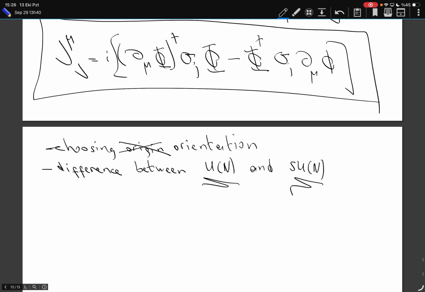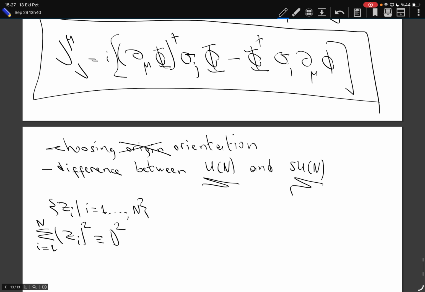What do we mean by UN or SUN? Let's forget about field theory for the time being. Let's say that we have numbers z_i, i from 1 to n, and we take their absolute squares and sum them up.